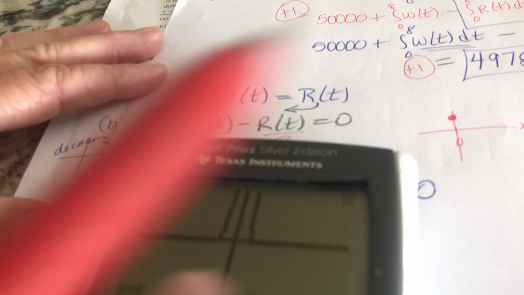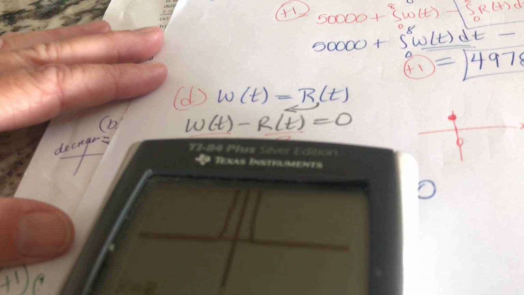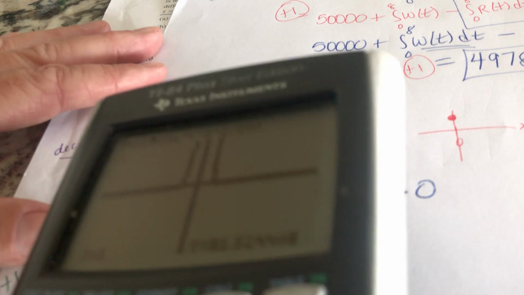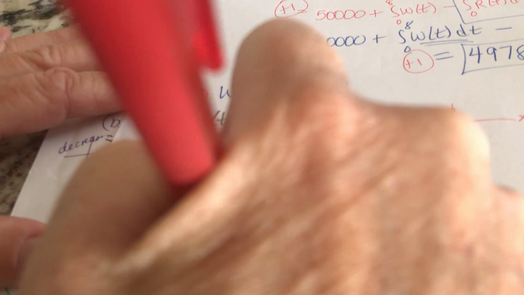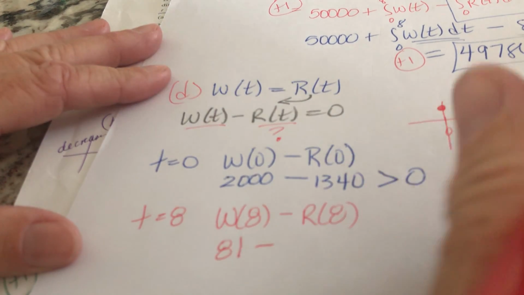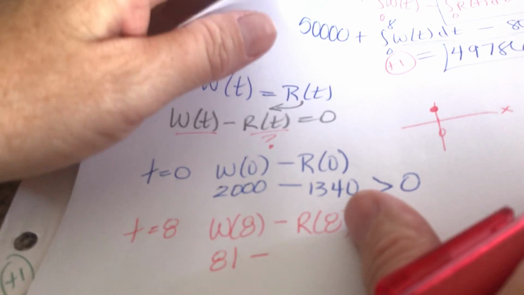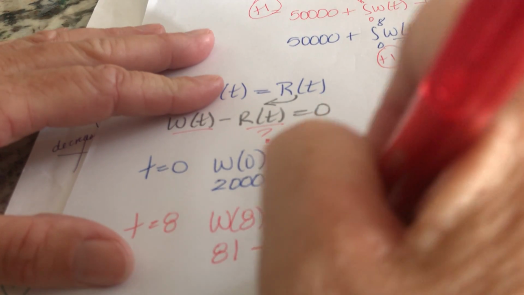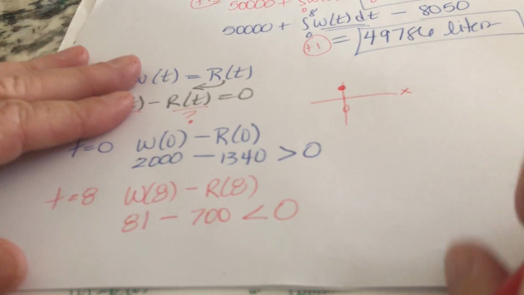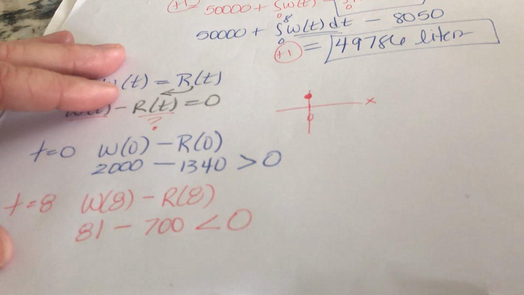So I'm going to hit second, calculate value, and I'm going to plug in an 8. So when you plug 8 into W of t, it's 81-ish. And R of 8 comes from the table, which was 700. So obviously that's going to be less than 0. It's going to be negative.